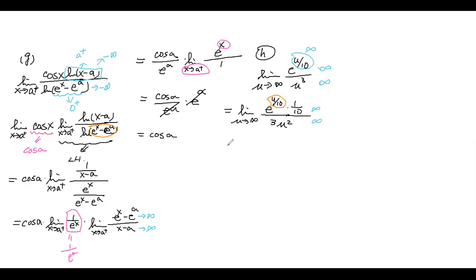Okay, so if it is infinity over infinity, we can use L'Hopital's rule again. So we simplify it. I move those constants out, so I don't need to worry about that. So it's 1 over 30, the limit as u approaches infinity.